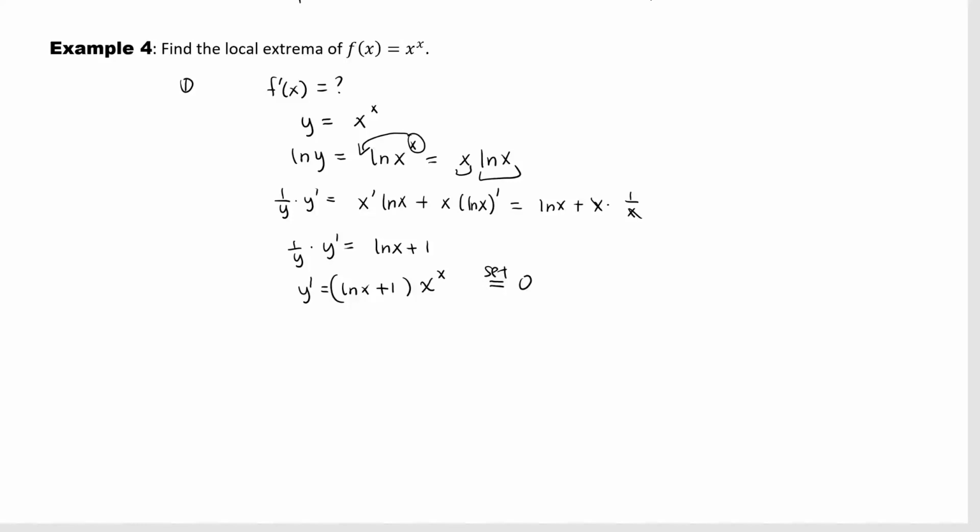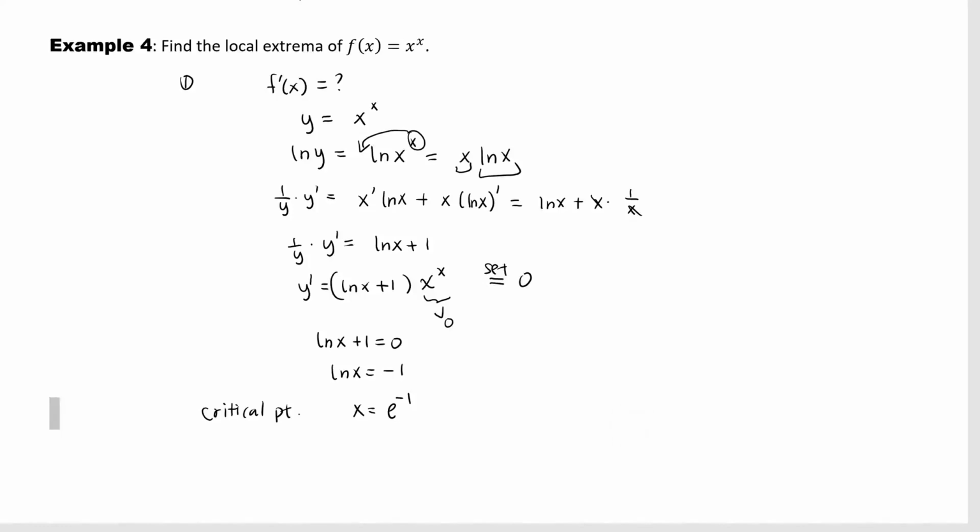Okay, so you know the exponential term is always positive, so the only possibility to make this 0 is when the factor ln x plus 1 is 0. ln x is -1, raised to the power e, so e and ln cancel, we have x equals e to the -1. Okay, so this is the critical point. What is the domain?